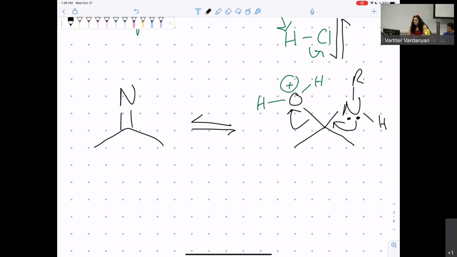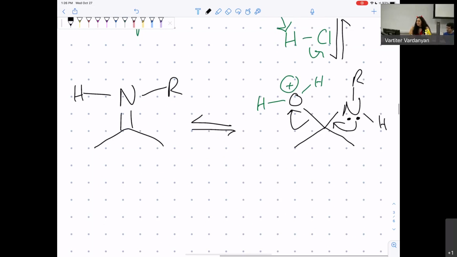So now this nitrogen is attached to one hydrogen and one R group. And that's why they're called substitutions.